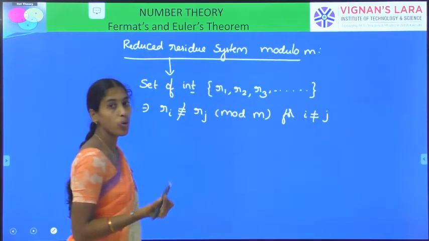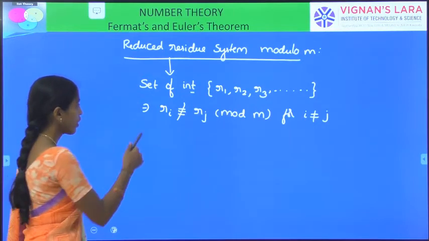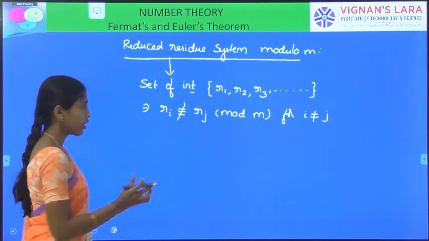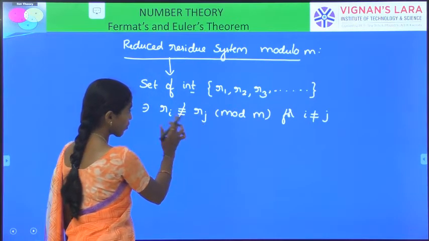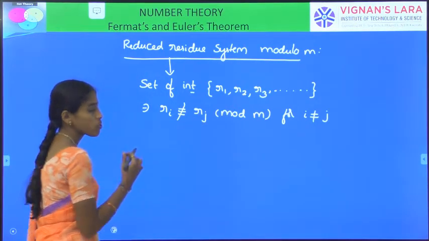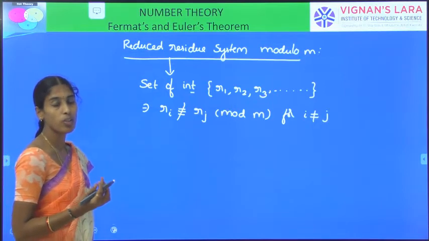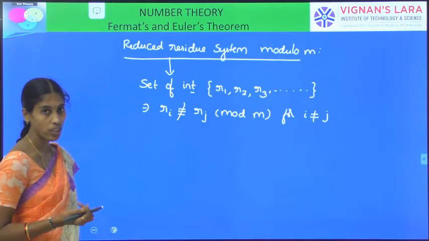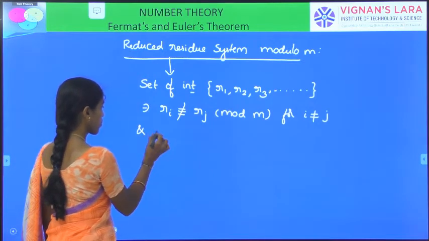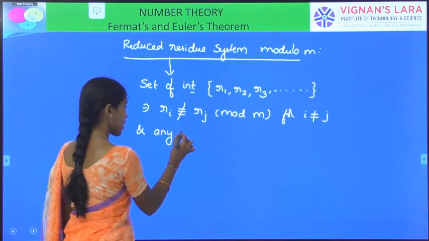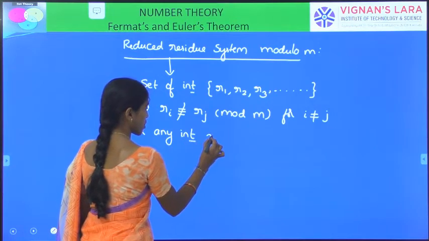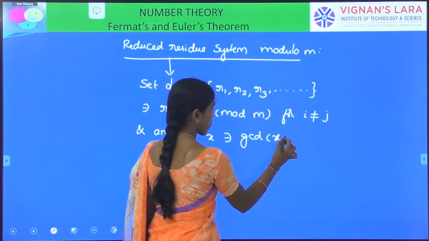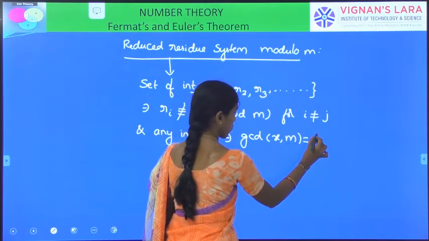When this is congruent modulo M means, Ri is congruent to Ri modulo M only; if R1 is different from these two, that means suppose we are considering R2 and R3, R2 is not congruent to R3 modulo M, right? And any integer x such that GCD of x comma M is equal to 1, right?